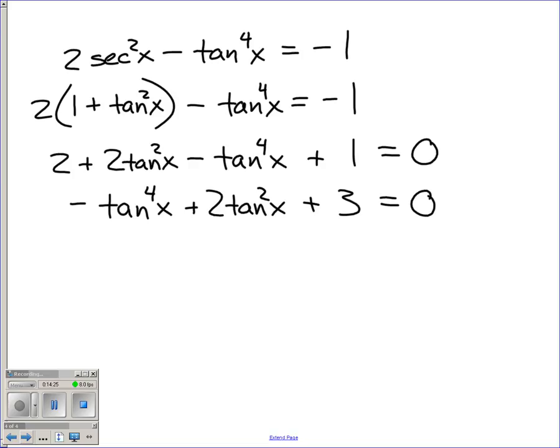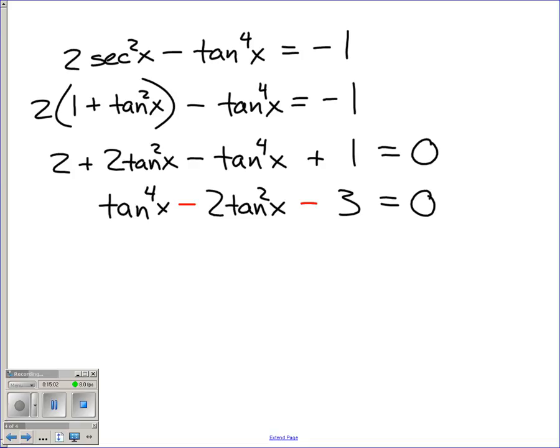The thing that we don't like is our leading term is negative. That's our highest, but we don't want our highest power to be negative. We don't care about all the others. They can be. So let's multiply both sides through by -1. When we do this, we're going to have tan to the fourth minus 2 tan squared x minus 3 is equal to 0. Now, here's one of the cases where we have a form. This is in a quadratic form.